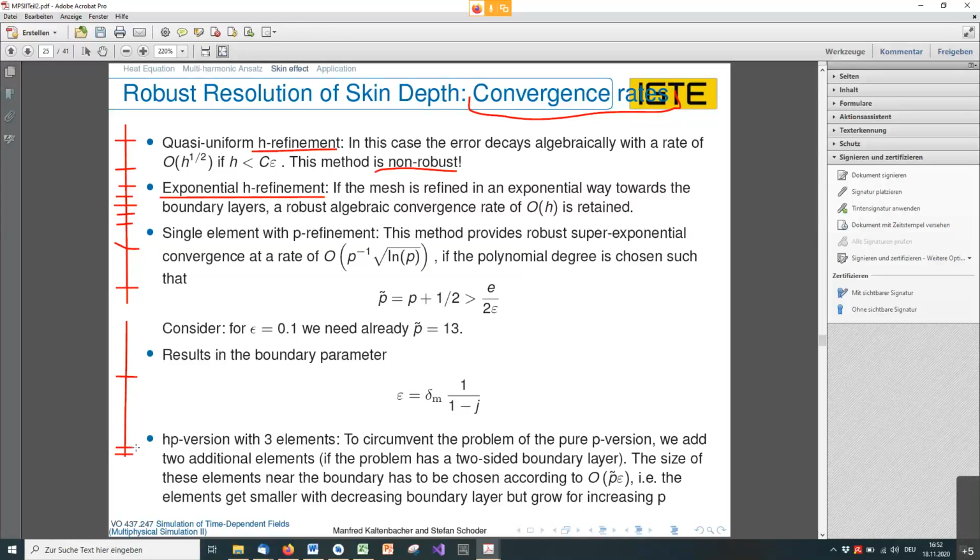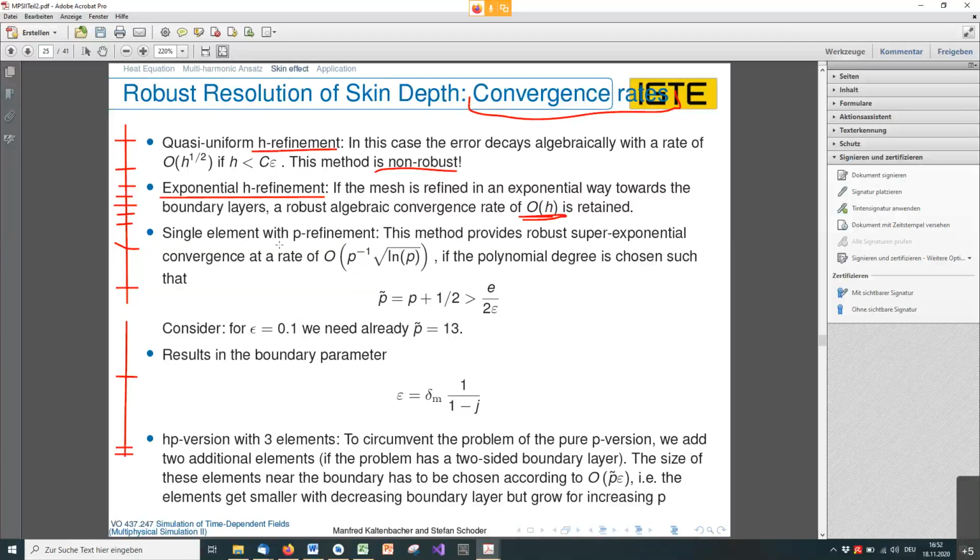So the solution function is something like an exponential, and the idea is that we refine according to the exponential solution property, and then we obtain an order of convergence being h again. So this is okay, but it also is not working very well.